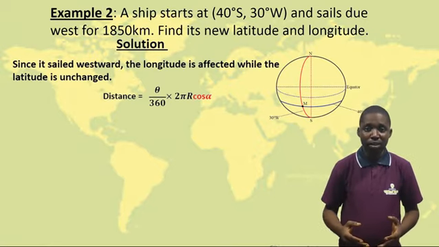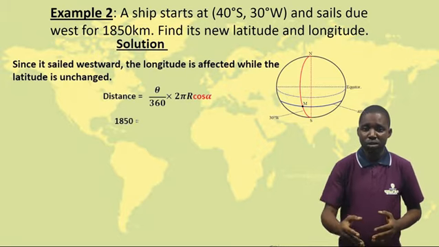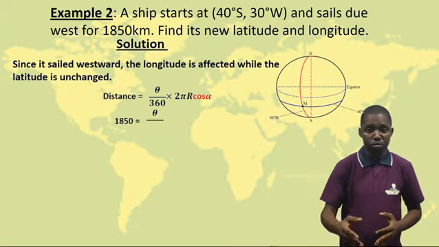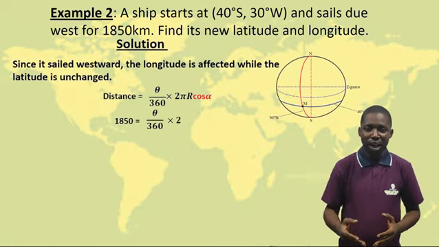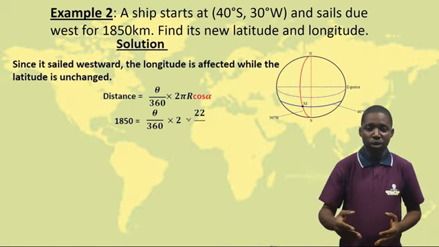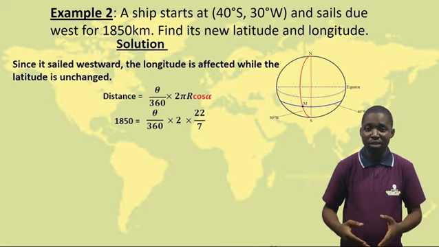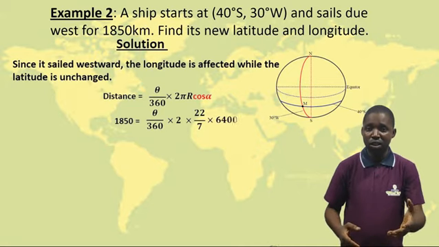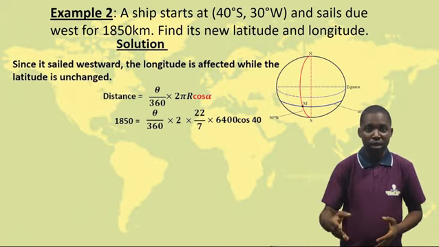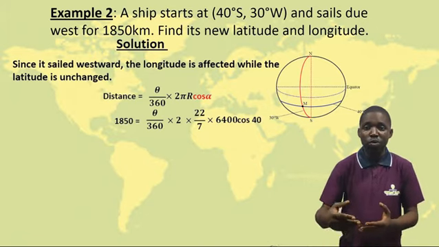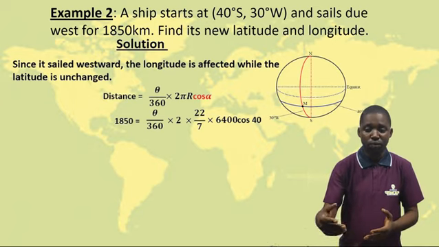Now in the question, my distance is 1,850, so that is equal to theta, which we don't know, over 360, times 2 pi, we know pi to be 22 over 7, times r, the radius of the earth, 6,400, times cos alpha. We expect that the latitude will be the same, so that is cos 40.